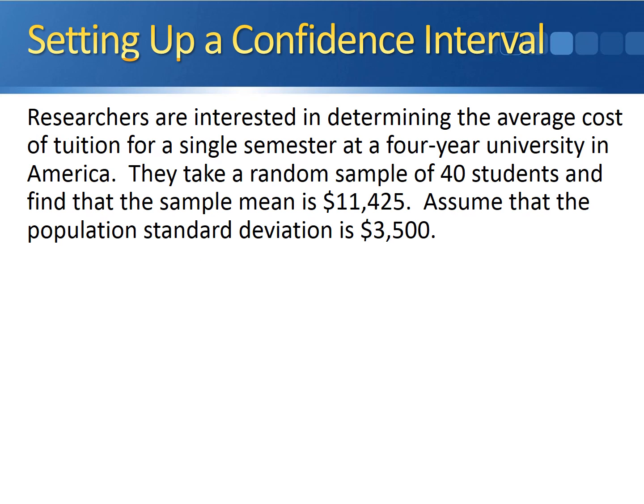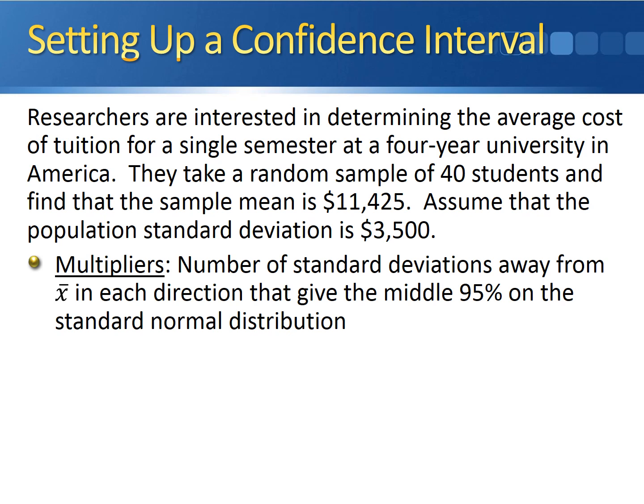The multipliers are a little bit more involved to calculate. What we want to do is find the number of standard deviations away from the sample mean, x bar, in each direction so that we have the middle 95% on the standard normal distribution. Since we want the middle 95%, we're leaving out a total of 5% of the area in the tails.